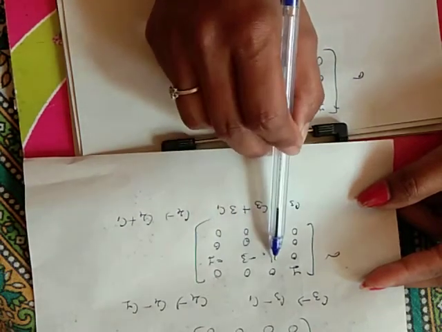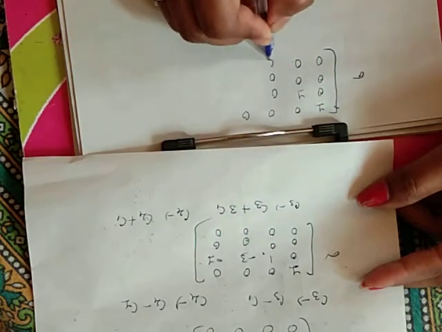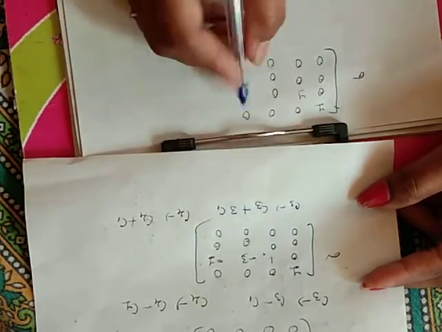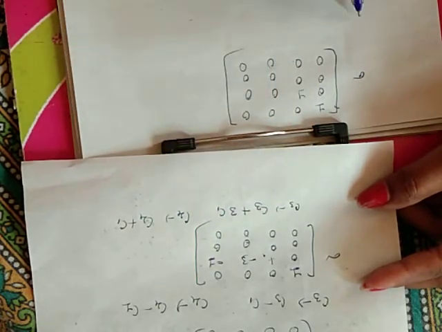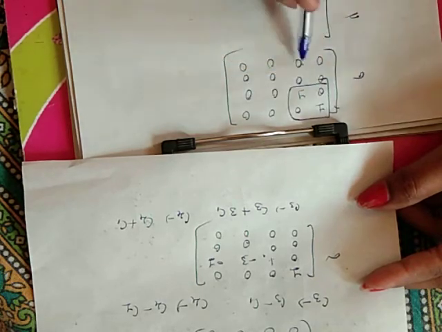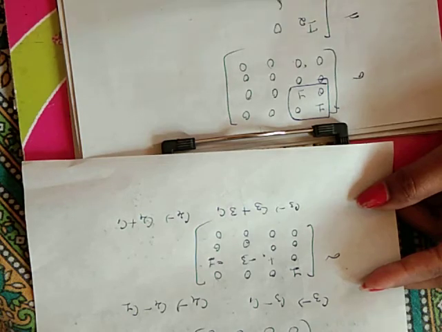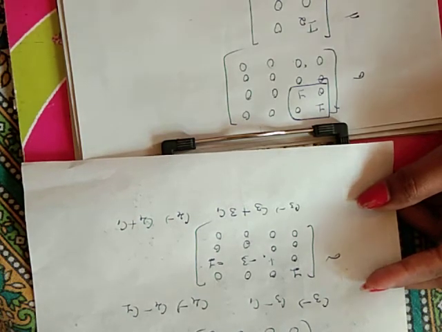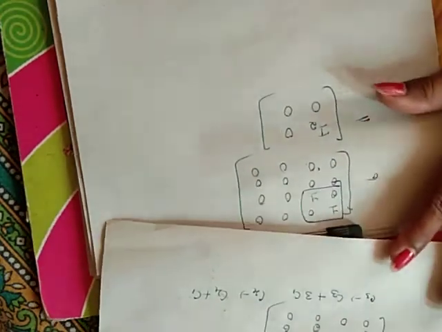So minus 3 plus 1 into 3, 3 minus 3 plus 3, 0 0 0. So minus 1 plus 1 0, 0 plus 0 0 0. Now see here, this one is your I2, so the remaining are 0, that is I2 0 0 0.